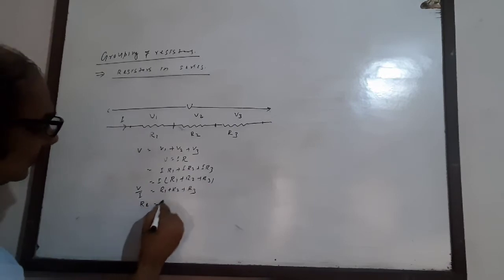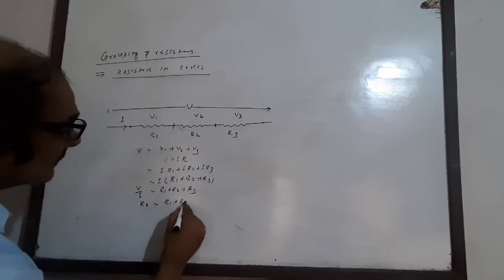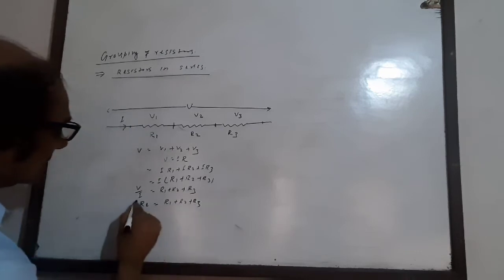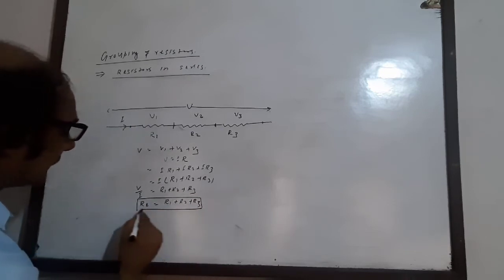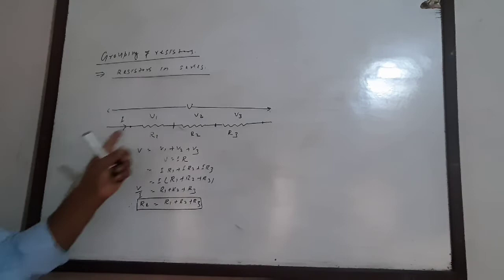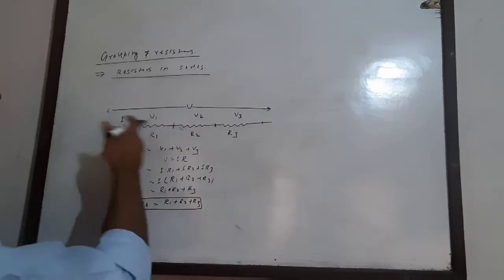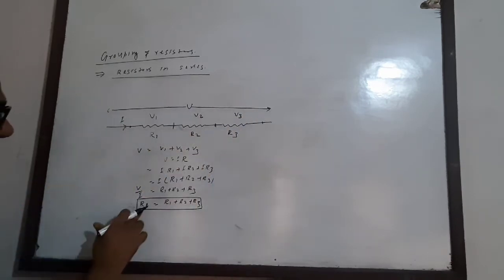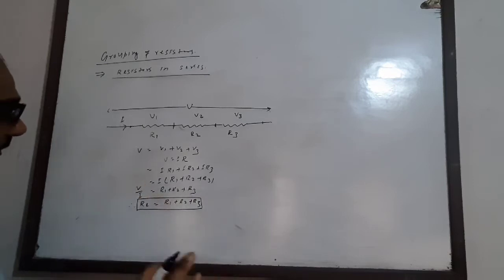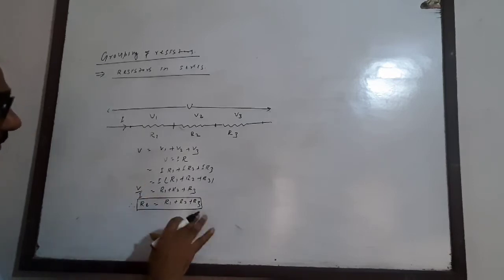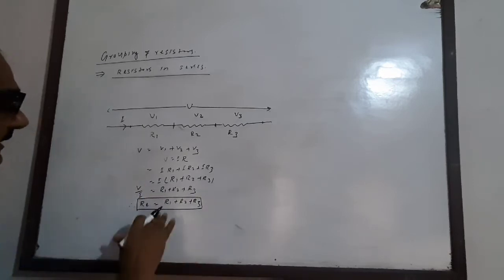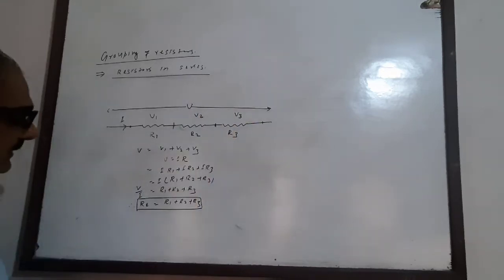This is the R equivalent. So this is the total resistance of the resistors in series, or equivalent resistance, equal to the sum of the individual resistances connected in series.